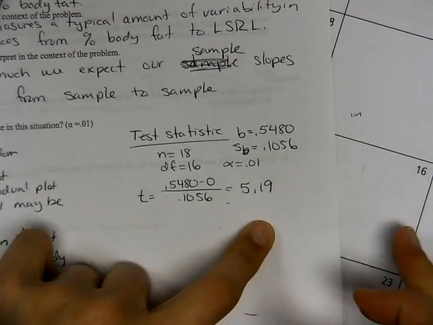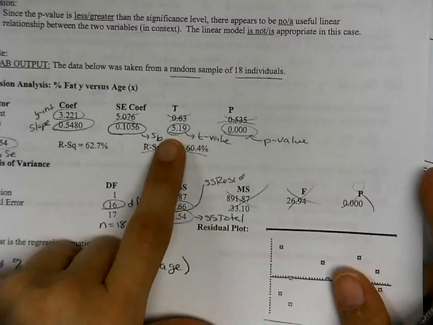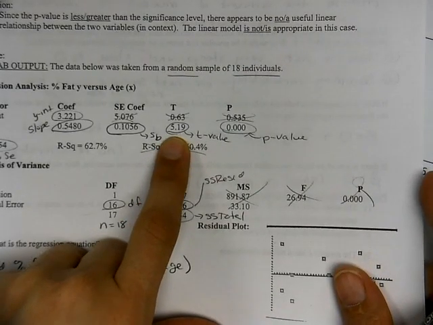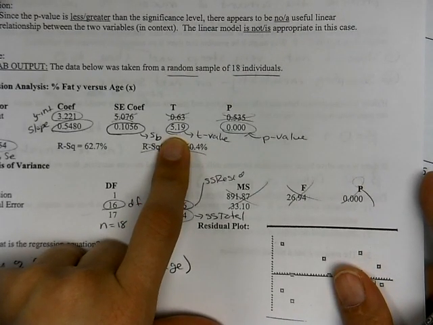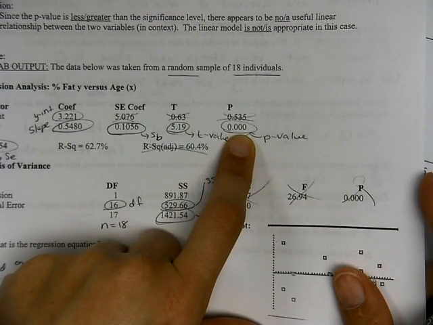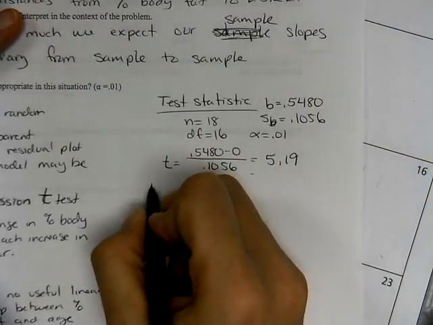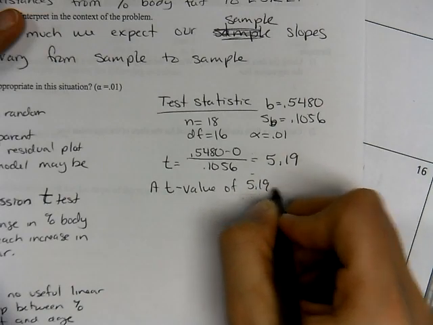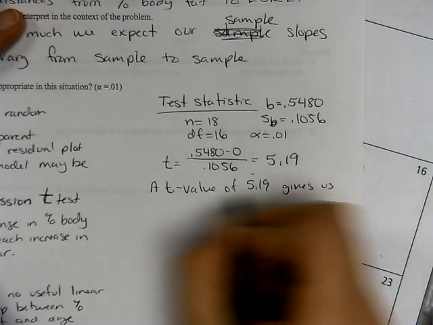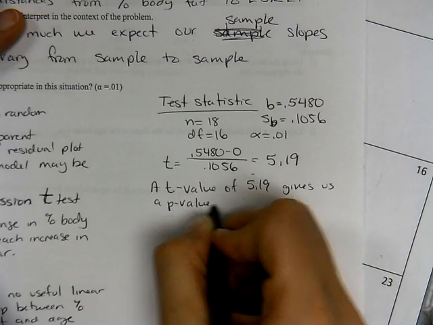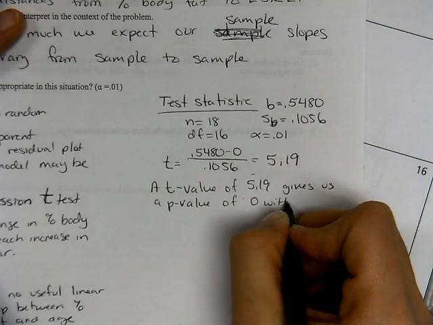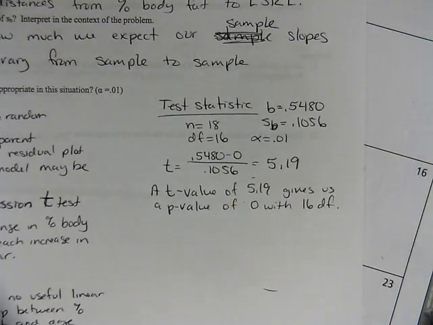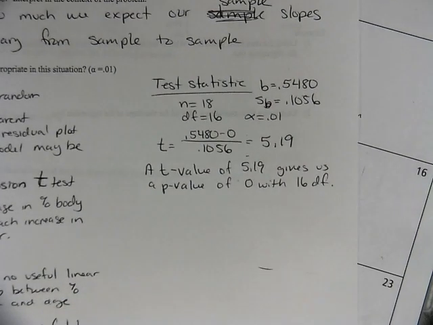Now, if you look at the Minitab, it should match what our t-value is, 5.19. I still need to see the work. Then that's your p-value. So a t-value of 5.19 gives us a p-value of 0 with 16 degrees of freedom. And really, all you're doing is dividing the slope by the standard deviation.